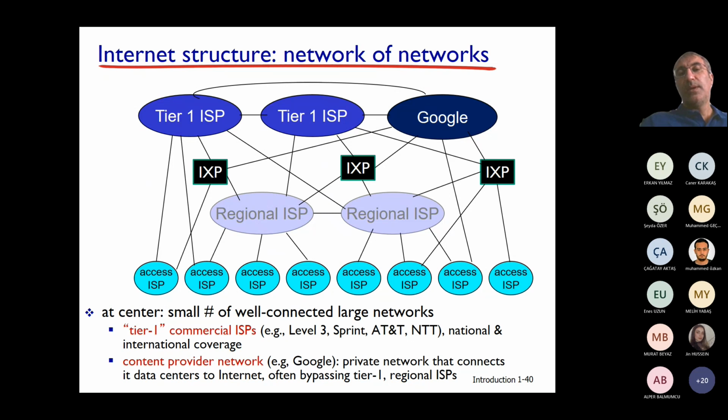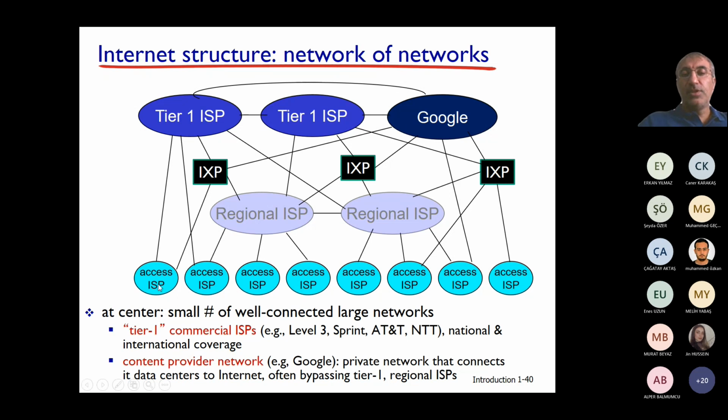So to summarize, we come up with a structure that we have tier 1 ISPs at the top, and then we have the regional ISPs that are connected through the IXP link. And on top of that, we have content provider networks such as Google, YouTube, or Microsoft Skype. They provide their own network.